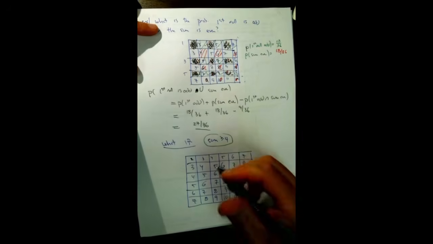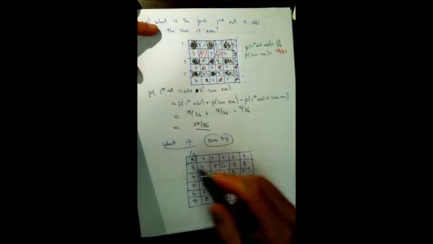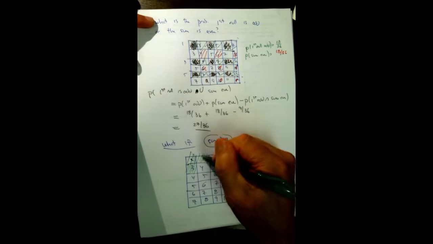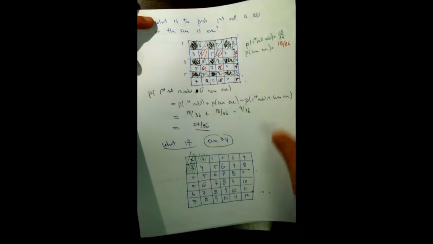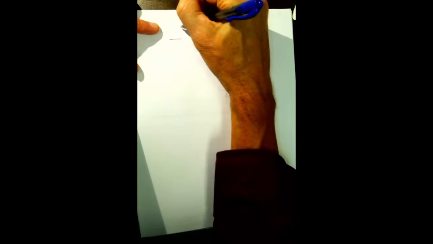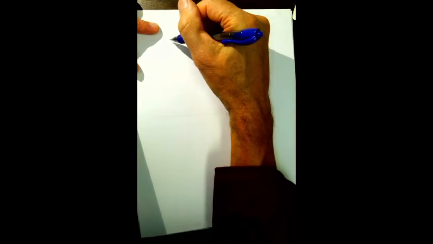But if I know that the sum is greater than or equal to 4, that means it could not be 2. I could not have rolled a 1 and a 1. I could not have rolled a 1 and a 2. And I could not have rolled a 2 and a 1. So for my sample space, those are out. That doesn't work. So really what I have now for my sample space is something like this.